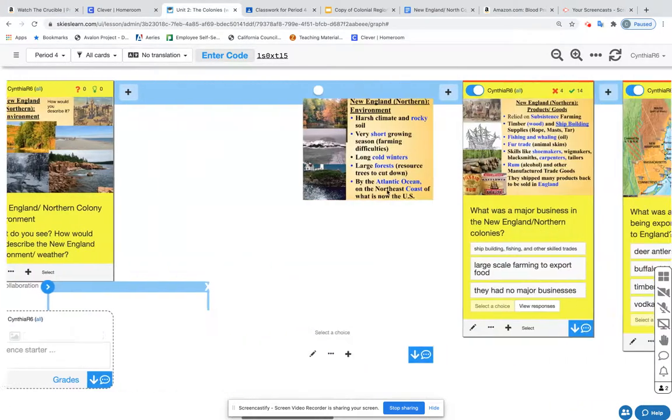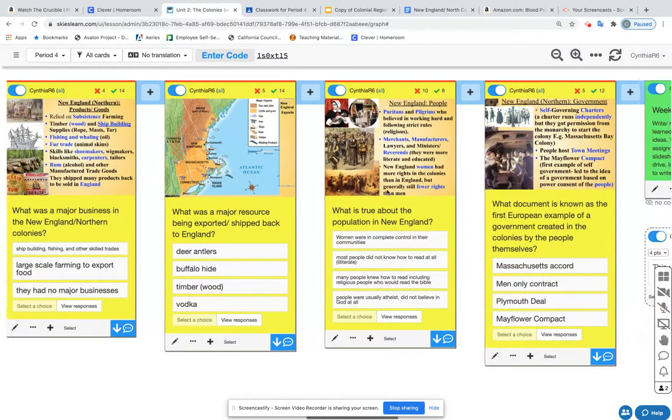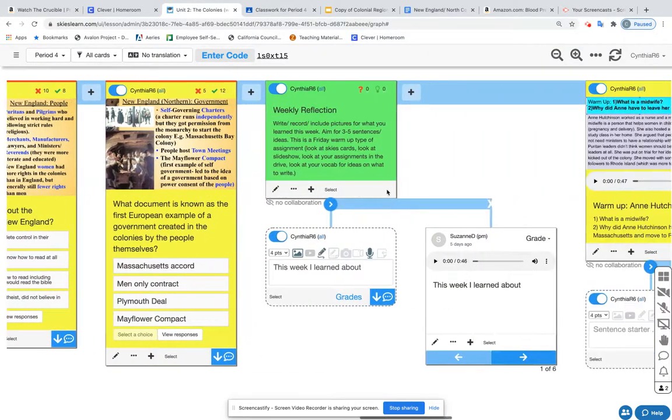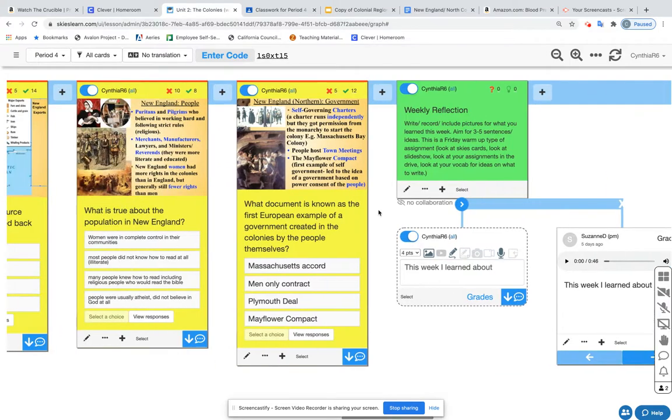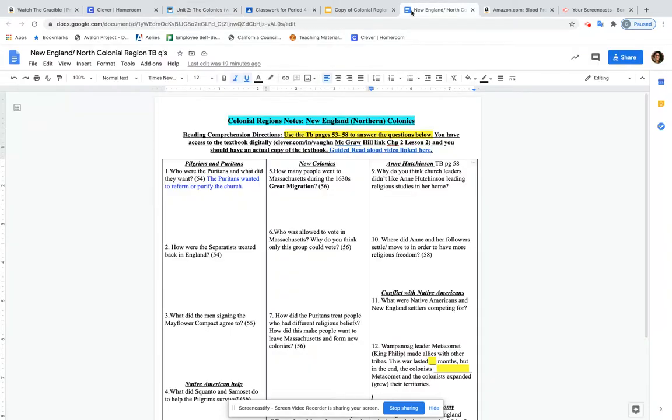And so you have these cards to check in that you understood the information, and then a weekly reflection, which you could type, you could record yourself, it's up to you. So I recommend doing the skies cards first, check in with your knowledge, and then move on to the questions for the New England colonies.